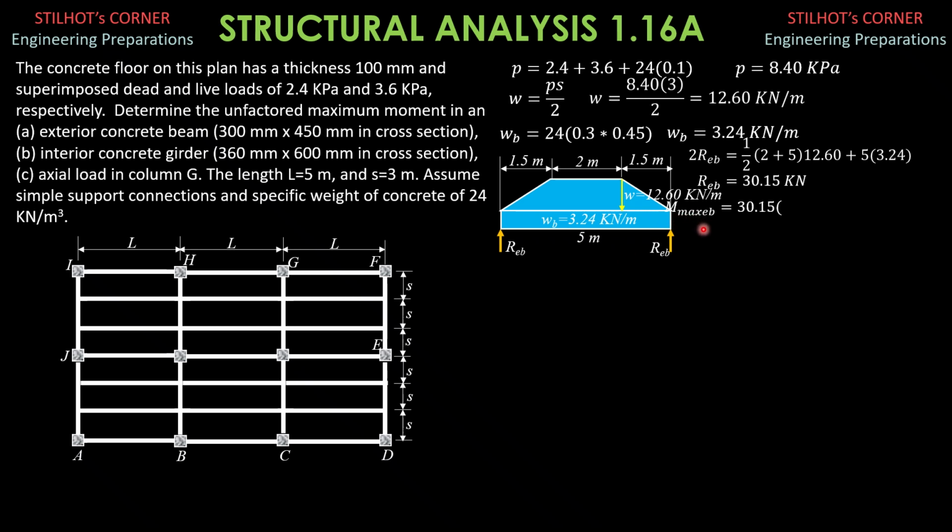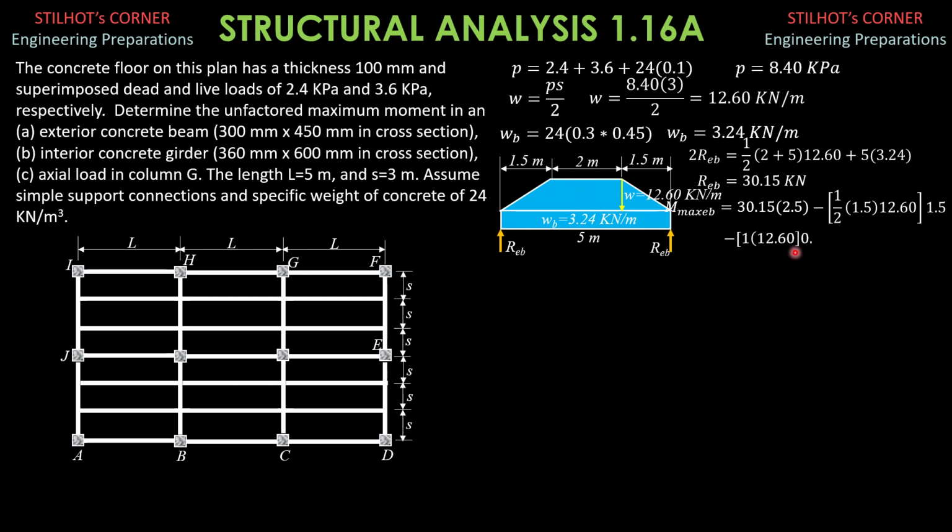So it is equal to REB times 2.5, half of 5. So max moment in the exterior beam is 30.15 times 2.5, then minus the moment of this triangle load. The area is 1/2 of 1.5 times 12.6. The moment arm is 1/3 of 1.5 plus 1, so 1.5. So minus 1/2 of 1.5 times 12.6 times 1.5, minus the moment of this rectangular loading, 1 meter by 12.6, moment arm 0.5.